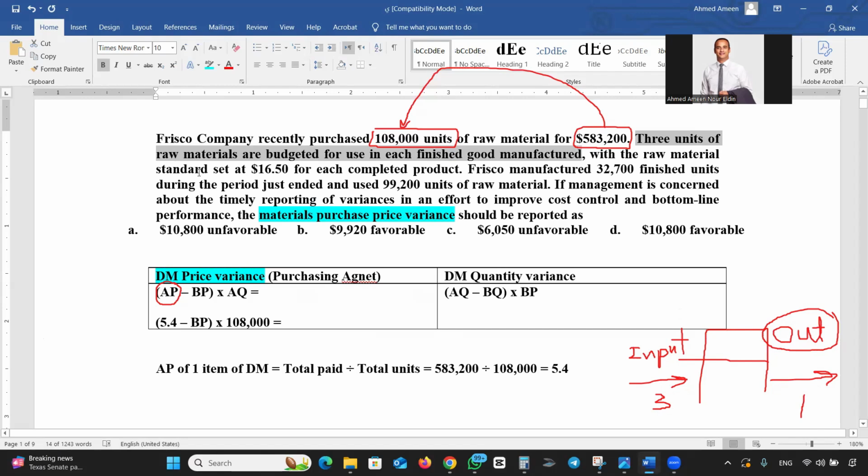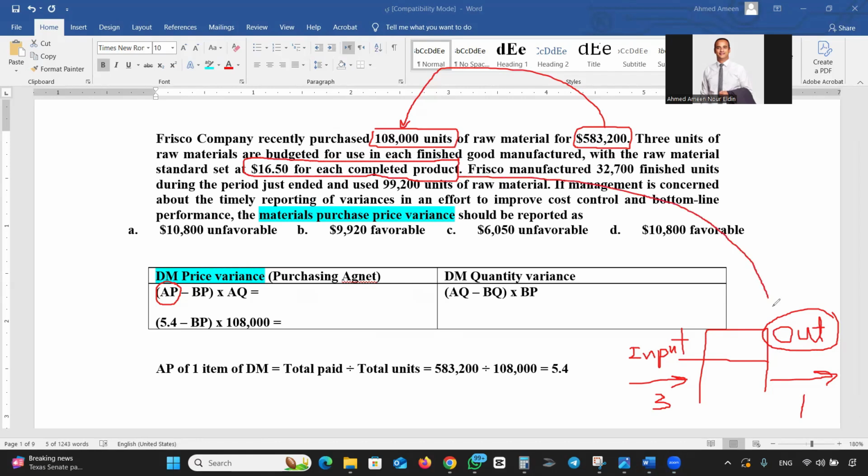With the raw material standard, meaning budgeted, set at, he is going to tell me the budgeted price now, which is $16.5 for each completed product. He didn't give it to me per unit of direct material. The 16.5 is the total cost of direct material needed to produce 1 unit of output.